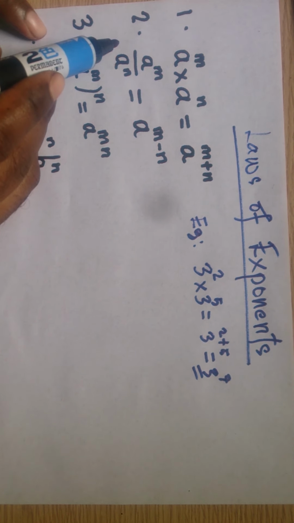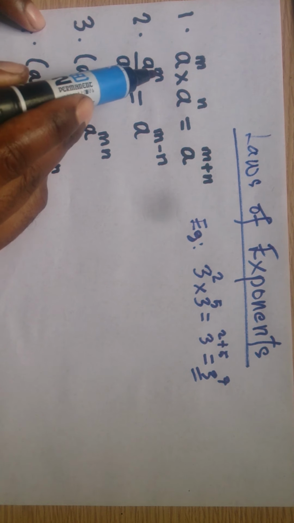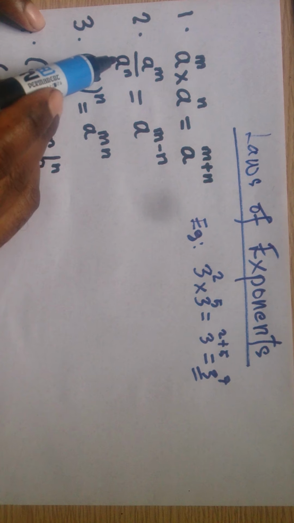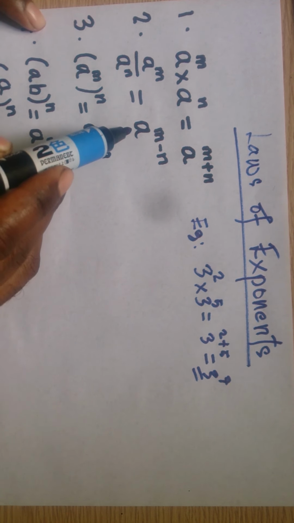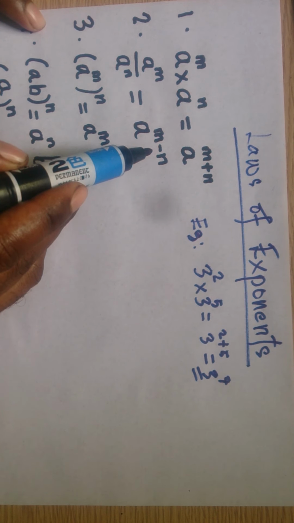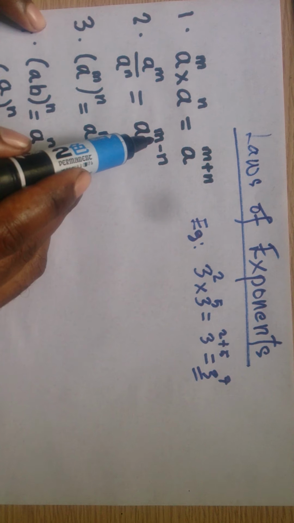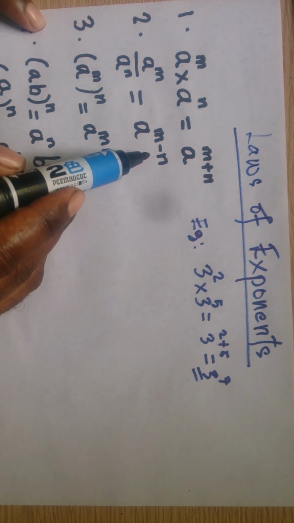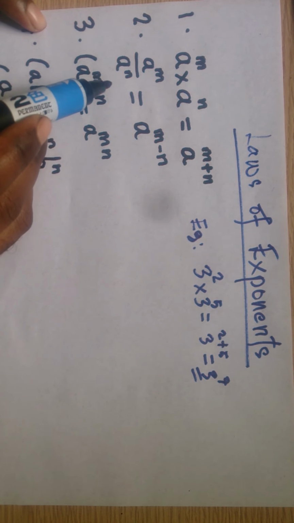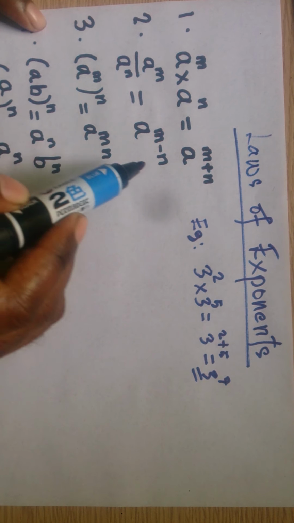Law number 2 says to divide two powers of the same number, you subtract the exponents.